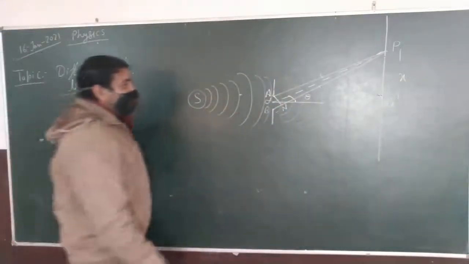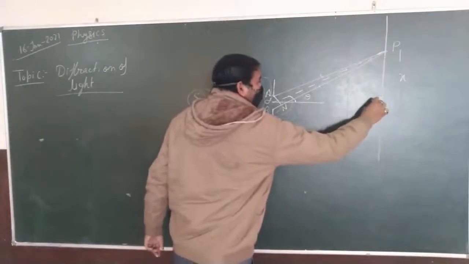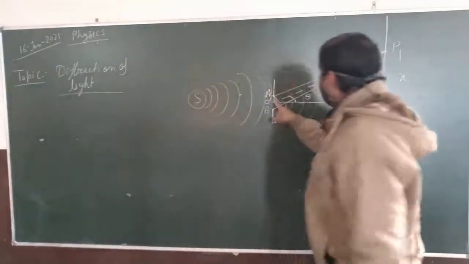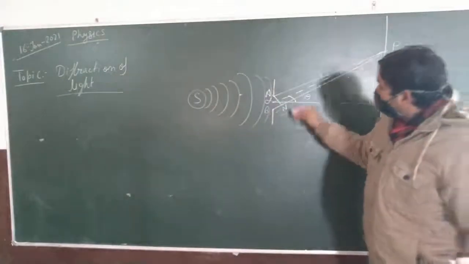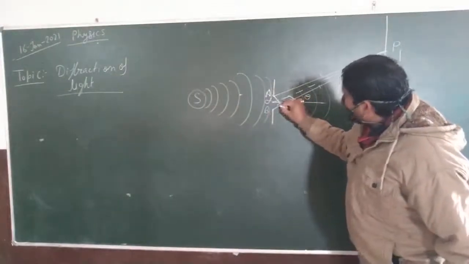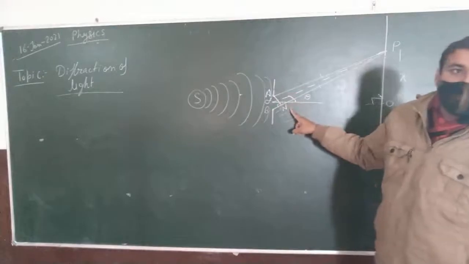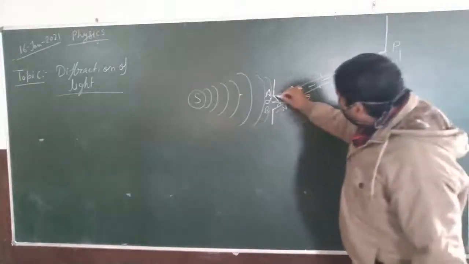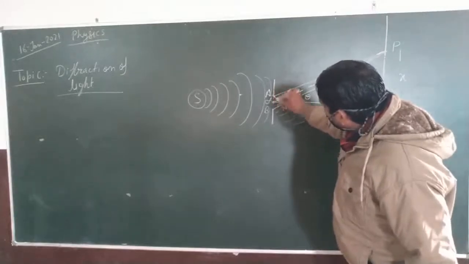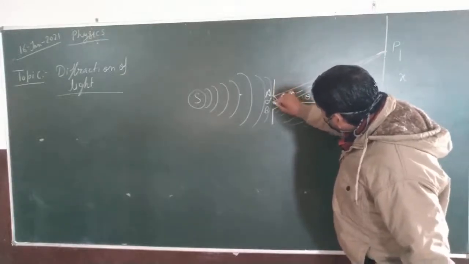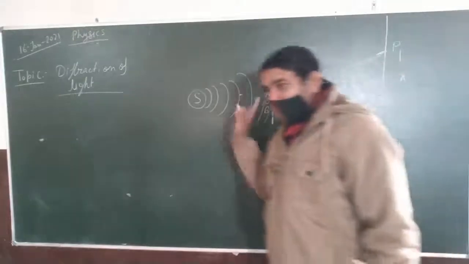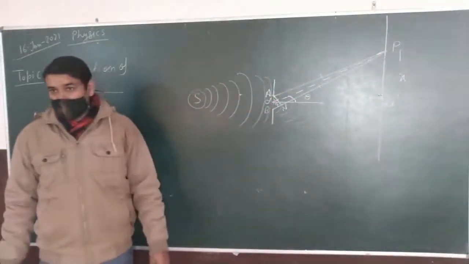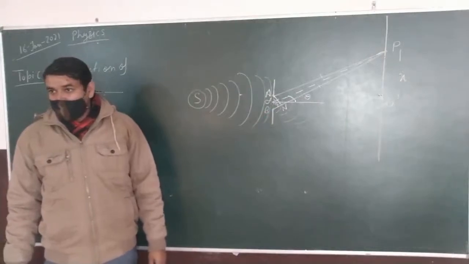Clear? Here this is 90, and for this small triangle ABN, this angle is also 90 because AN is a perpendicular drop from point A to BP. So we can also observe that this angle is also theta. Can anyone explain how this angle is theta? Yes.